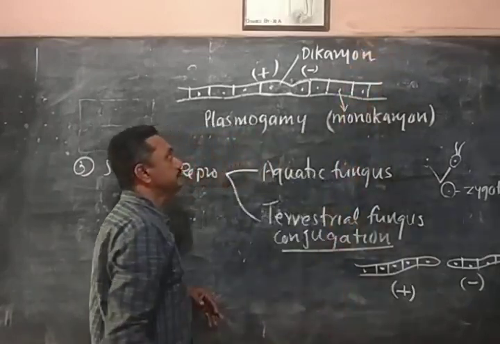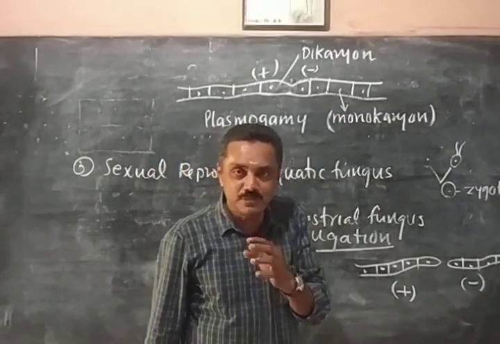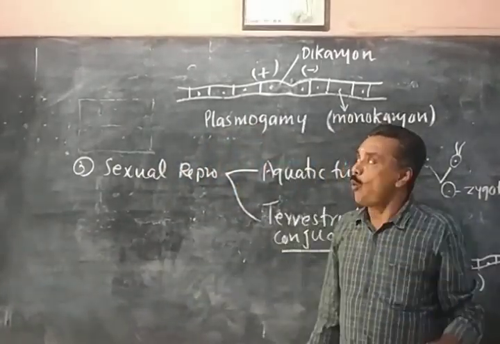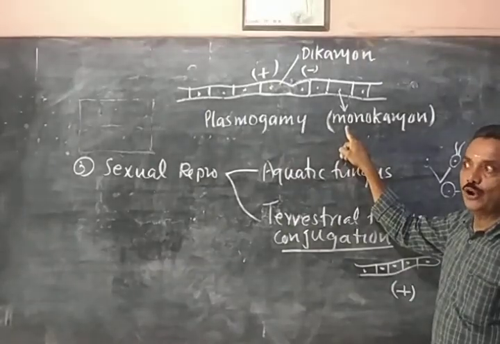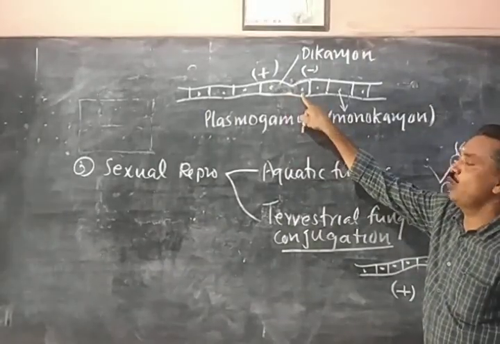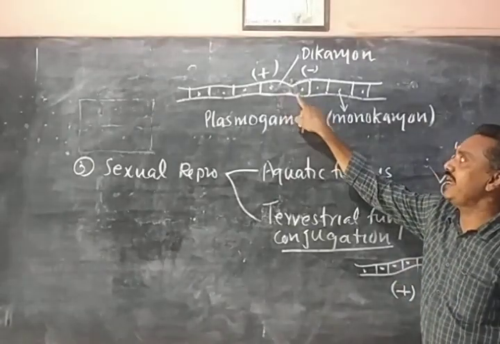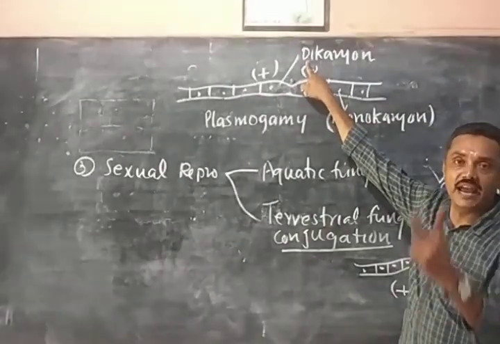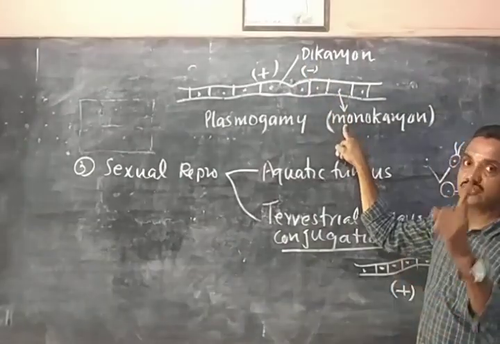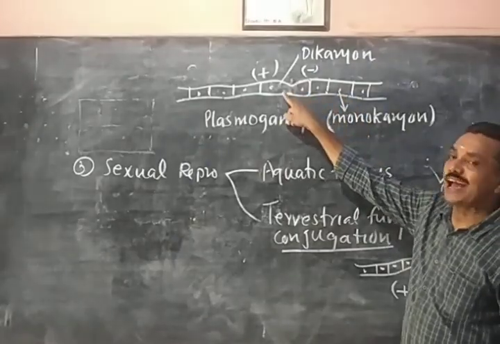Do you understand the difference between monokaryon and dikaryon? One cell containing one haploid nucleus is called monokaryon. This cell contains two haploid nuclei, one plus and one minus. A cell containing two haploid nuclei is called a dikaryon. Di means two, mono means single. So how is the dikaryon formed?